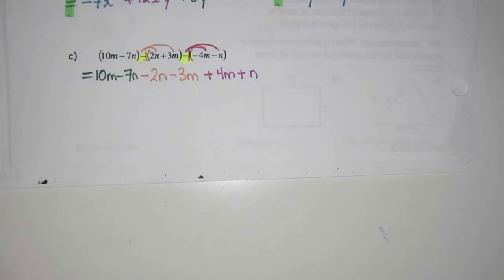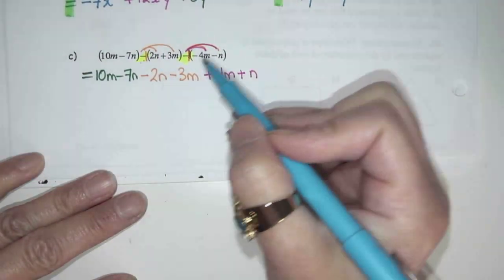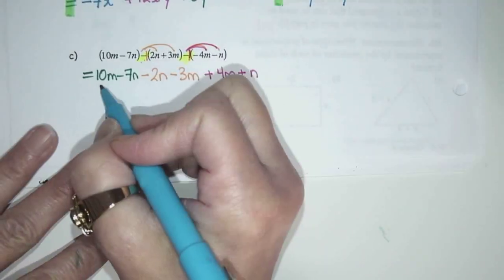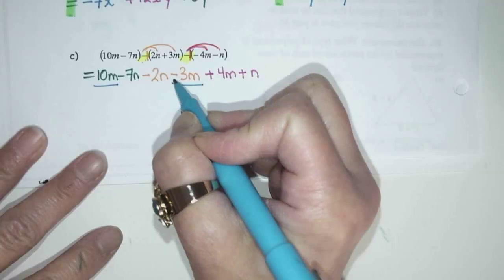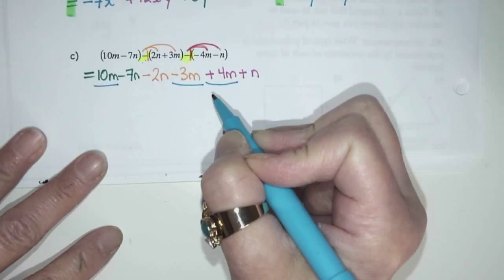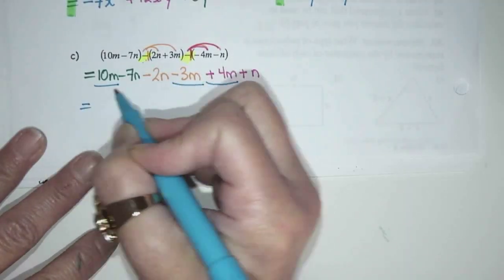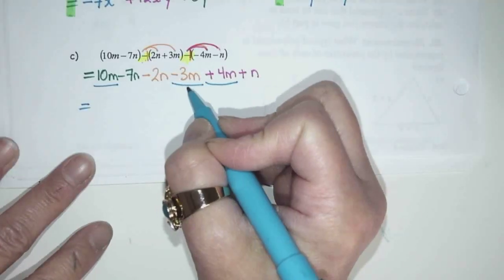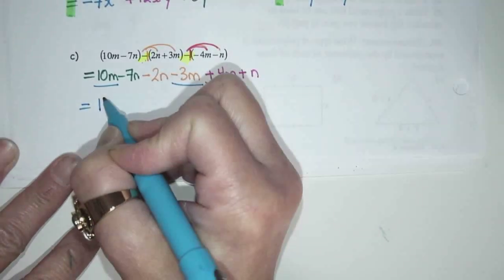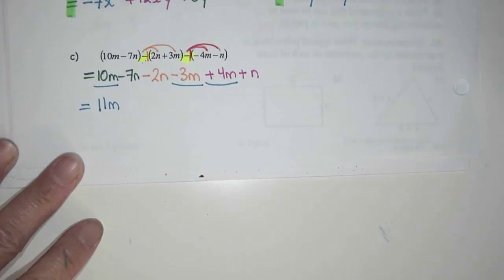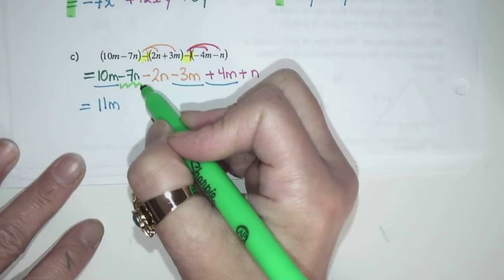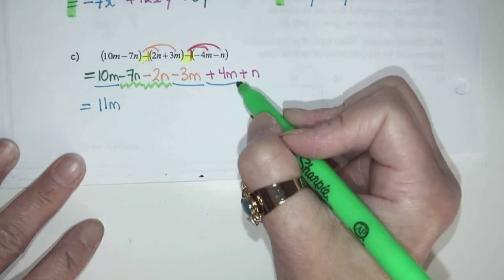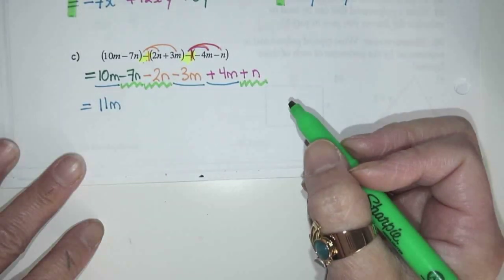Okay, and then now we're going to collect up like terms. If there is no higher degree, we just usually go in alpha order. So we go m with the m, including the sign in front and including the plus. So I go 10 minus 3 is 7, plus 4 is 11m. Okay, and then here, this negative 7 minus 2 plus n.